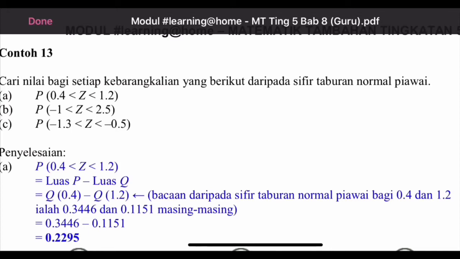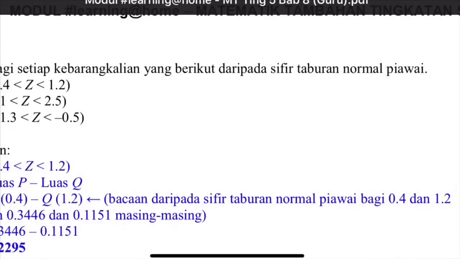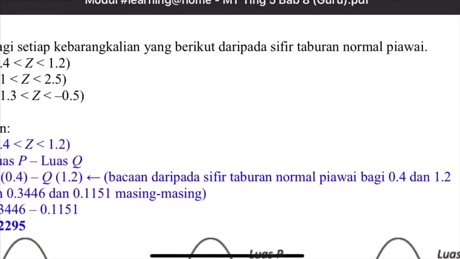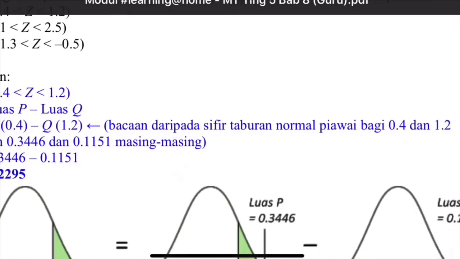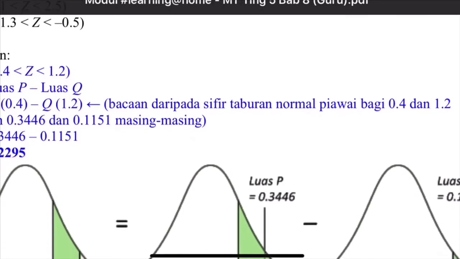Understand? So you go to your buku Sheffield, you find 0.4, you read 0.3446. You find 1.2, you get 0.1151. So you take 0.3446 minus 0.1151.